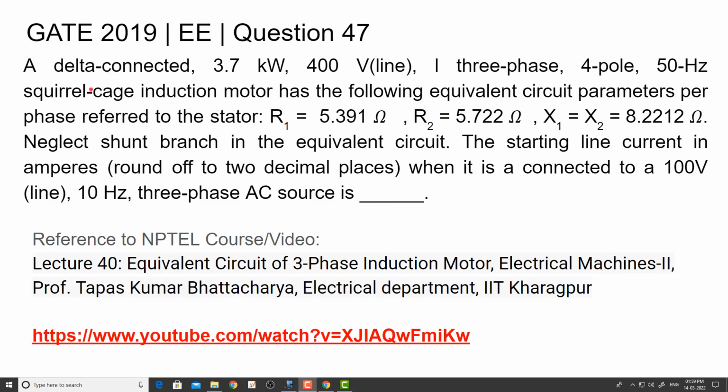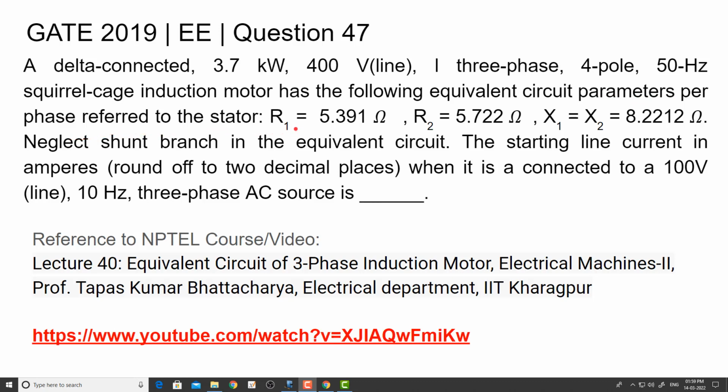The question is: a delta connected 3.7 kilowatts, 400 volt line, 3-phase, 4-pole, 50 Hz squirrel cage induction motor has the following equivalent circuit parameters per phase referred to the stator.